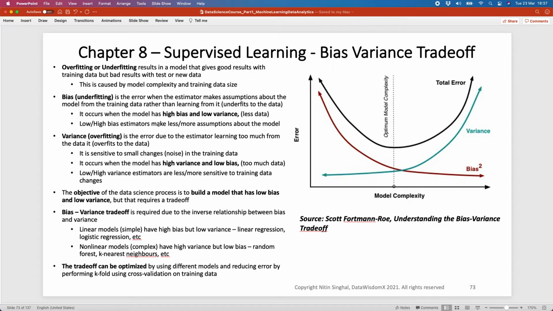So let's understand the bias and variance terms. Bias is effectively the underfitting of the model to the data. It is the error when the estimator makes assumptions about the model from the training data rather than learning from it. So it assumes certain things from the data rather than using the data to learn the behavior of the entire sample. Basically, it's underfit to the data, and that happens due to less data.